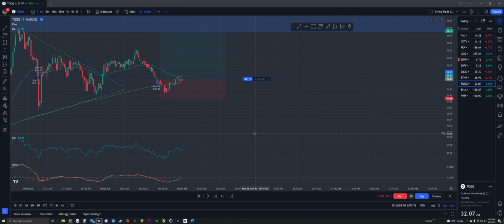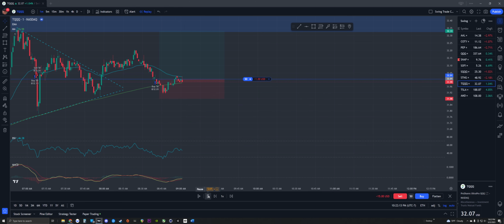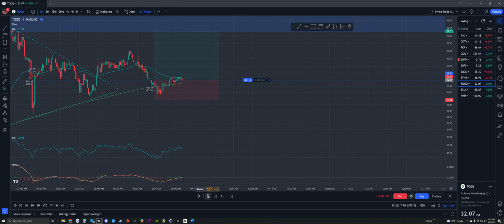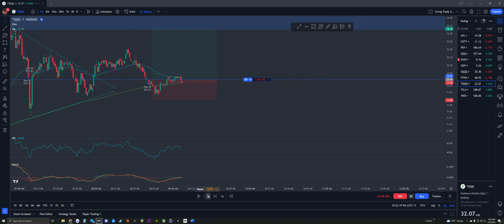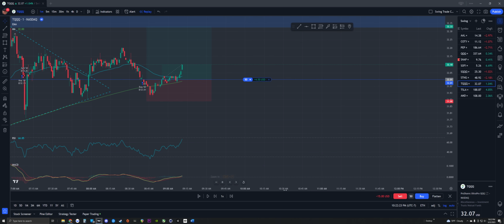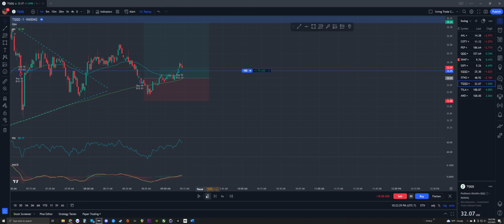So I really like this. I'm not going to add in yet. I'm going to wait for it to go a little bit more green. But this is what I like to see. We're going to get a pop here in a second. Very nice. I'm adding right there. So I'm full in there.